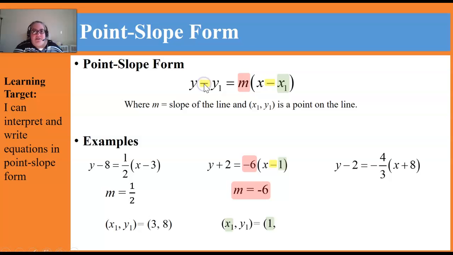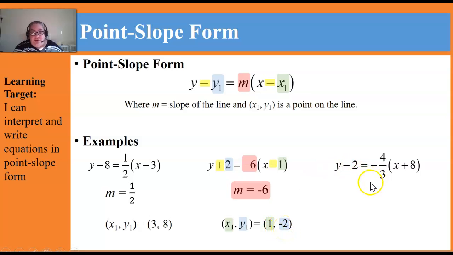In our model, we're expecting subtraction, but in this case, we have addition. That's the opposite of what I need. So my y1 is not going to be +2. I need the opposite of 2, which is going to be -2. So our x1, y1, a point on my line, is 1, -2.